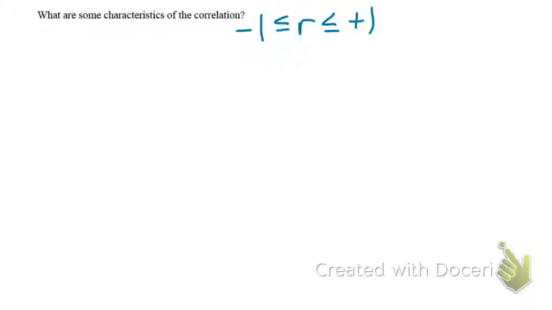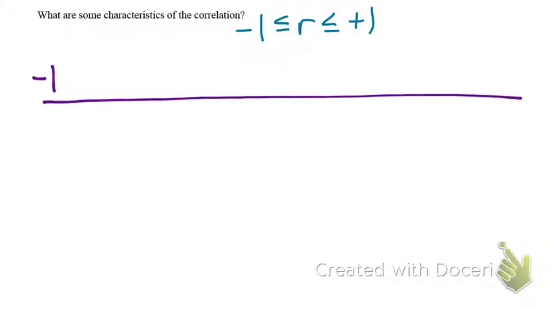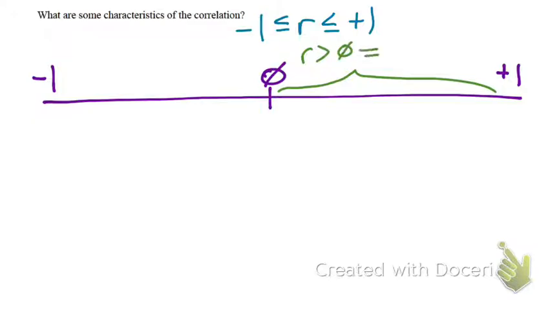So I'm going to draw a number line just because this is kind of helpful. There's -1. There's +1. This is a super zoomed in number line. And there's 0 in the middle. So obviously, if we have a positive association, r should be positive, right? So if r is greater than 0, then we have a positive association.